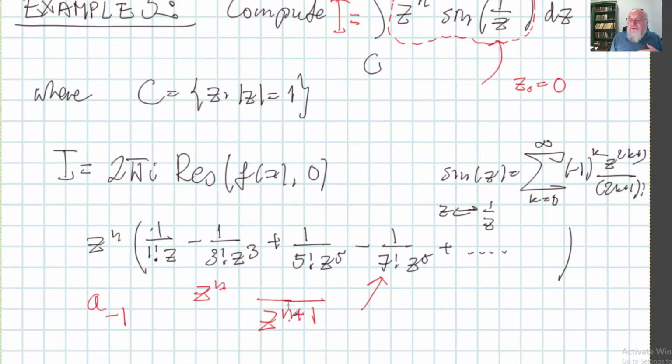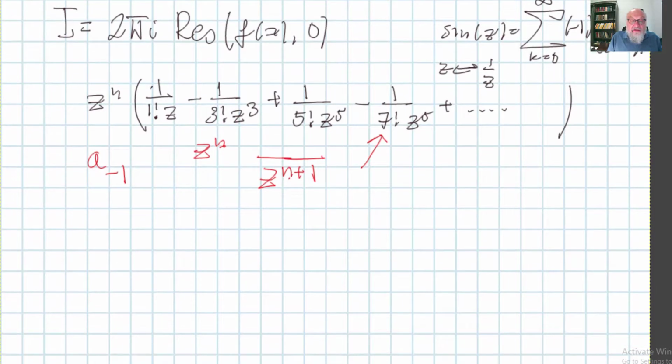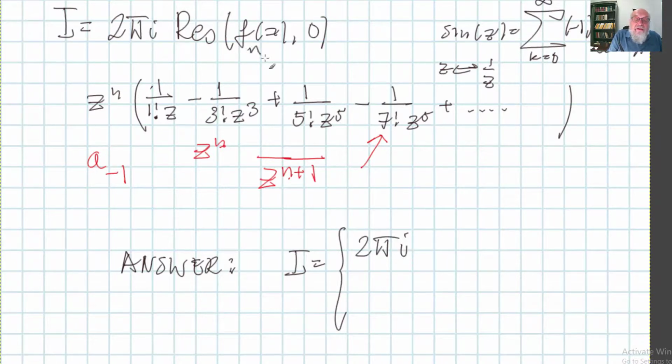So you can immediately notice that this power appears here only if n is an even number. So you can start writing your answer. This integral will be equal to 2πi, and maybe write it down as 2 cases, times a_{-1}, which is my residue.